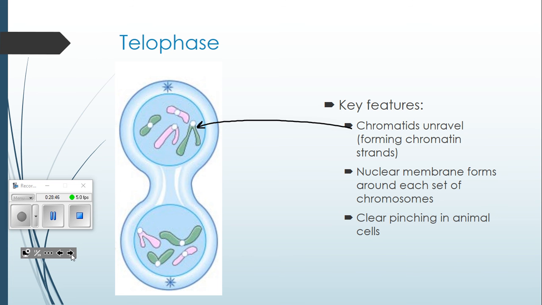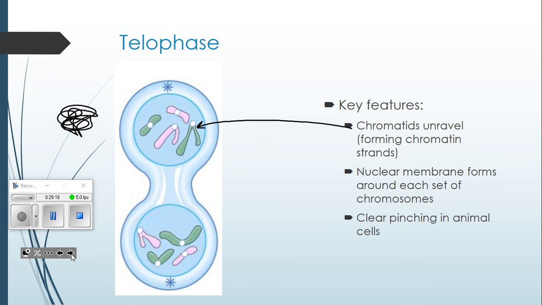So we have a tendency as teachers to draw the chromosomes in telophase still condensed like it's at the very beginning of the phase so that you can count them, so that you know how many chromosomes there are. If we waited until the very end of the phase, instead of seeing 4 distinct chromosomes, I would just see a jumbly mess inside of the nuclear membrane like I did in interphase.